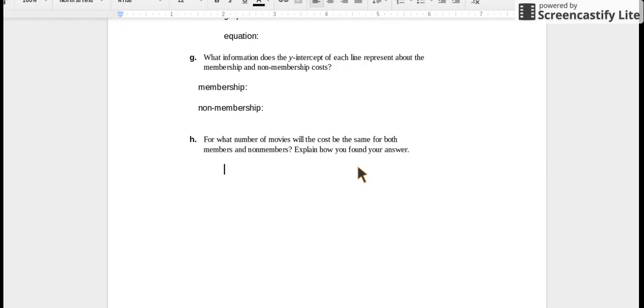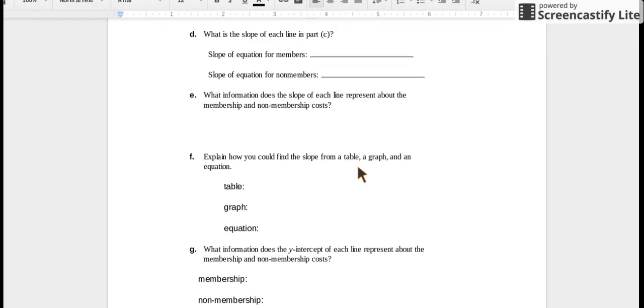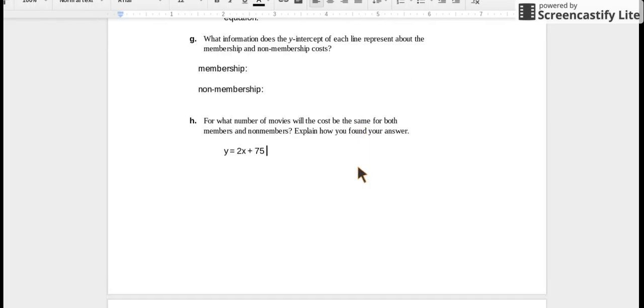So your two equations, because you have y equals 2x plus 75, I believe. And you're going to set that equal to your other equation. So you have 2x plus 75 equal to what your other equation was. And then from there, you'd solve for x. And that's one way you could find when the costs for both movies are the same for members and non-members.